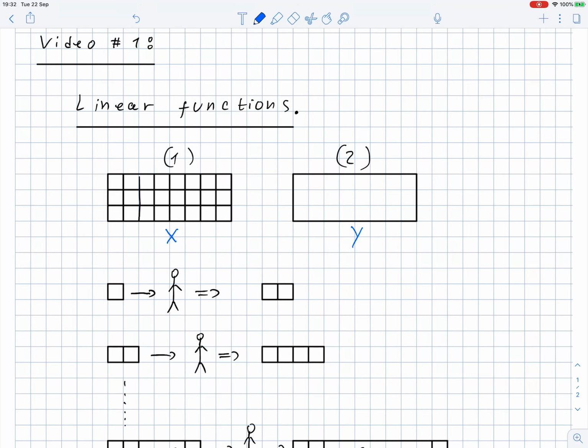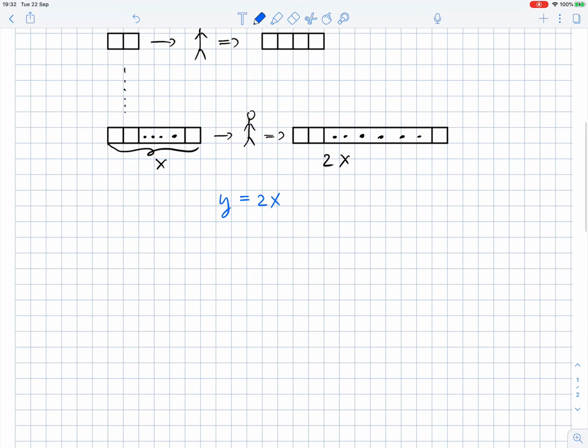So we now can call X the independent group, and Y the dependent group, which is dependent on X, because if there is no X, you cannot build your second group.